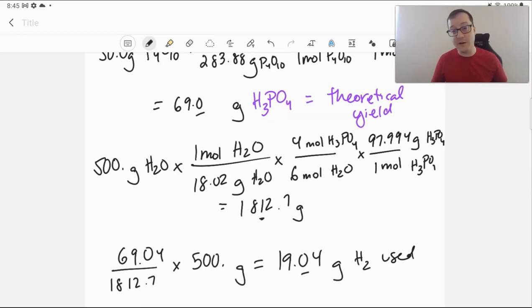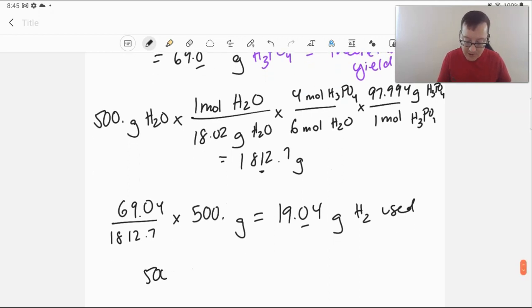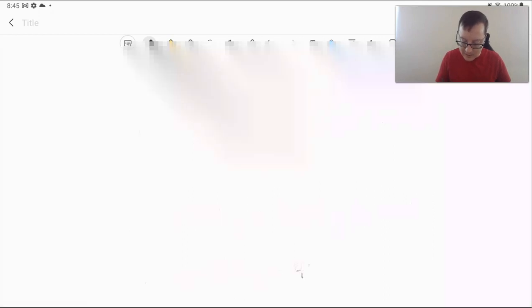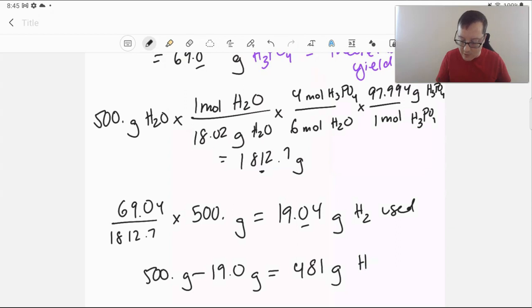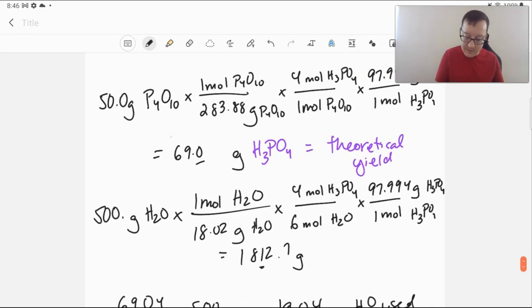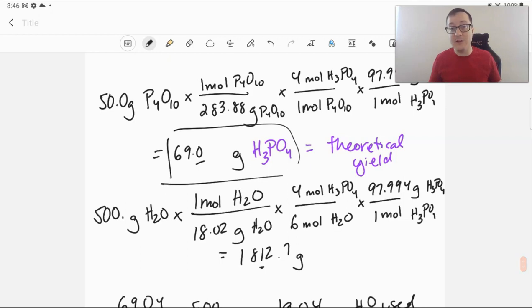And so if we want to figure out how much is left over, that would be 500, our initial amount, minus 19 grams is going to be 481 grams of water left over. So if we're so interested in that. So we have this much water left over, we have this much phosphoric acid, and we will have none of our P4O10 left, because that has all been used up.